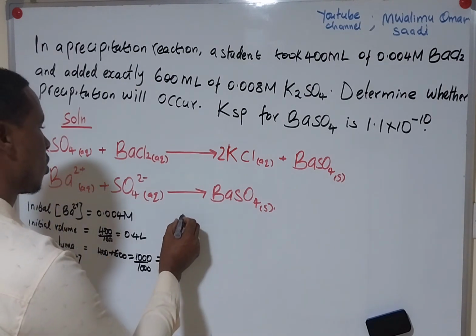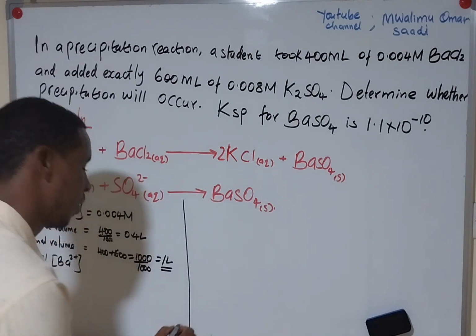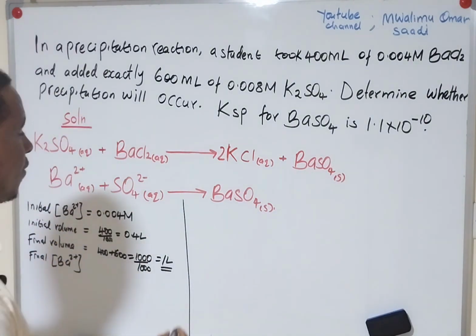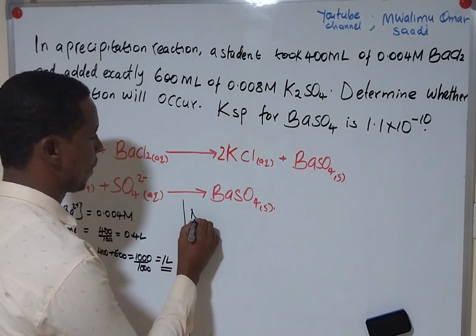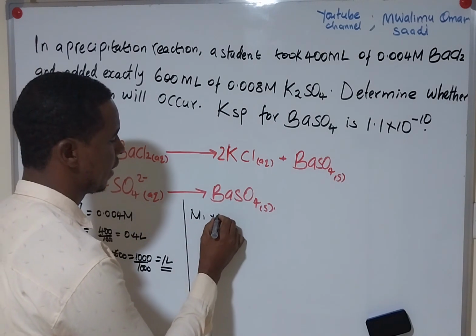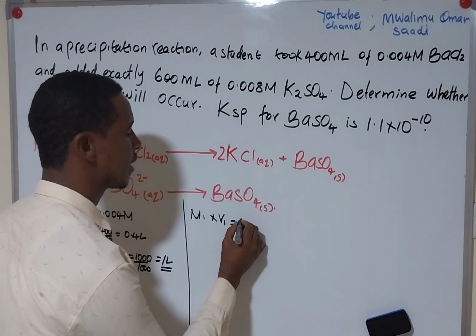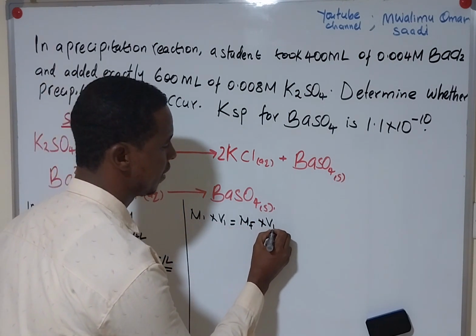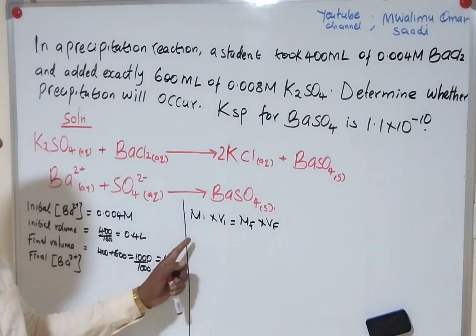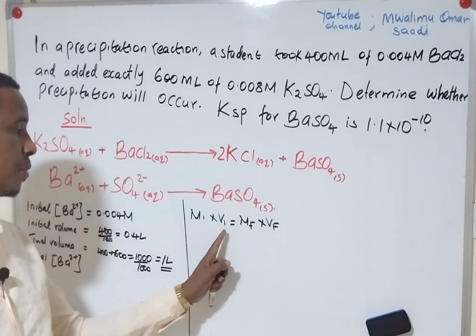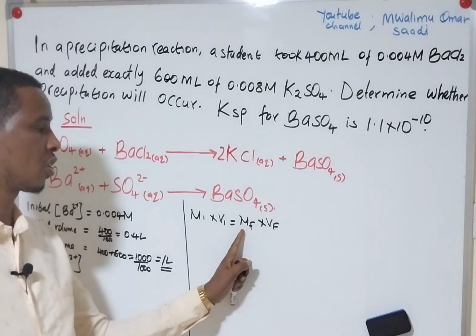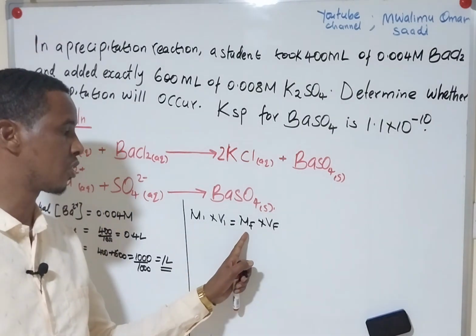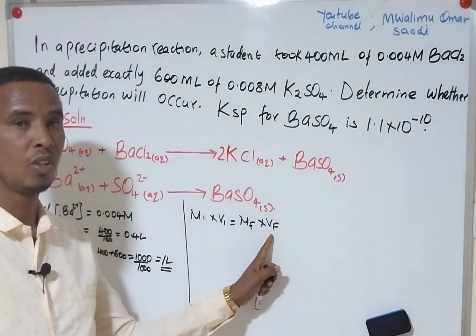To get the final concentration of barium ion, we will be using the formula M1 times V1 is equal to MF times VF. That is the initial concentration times the initial volume is equal to the final concentration times the final volume.